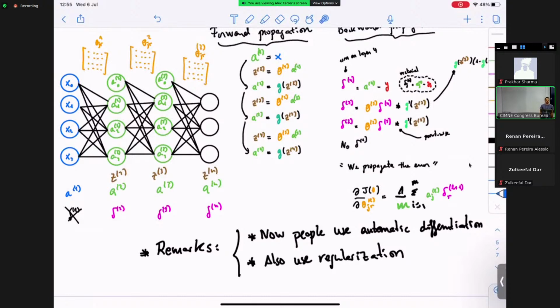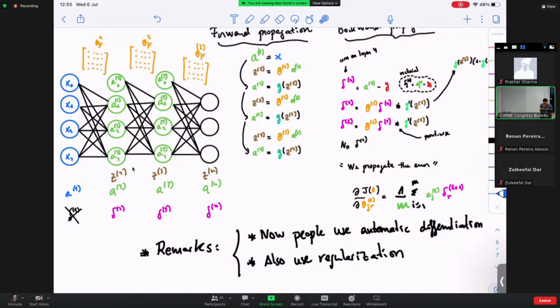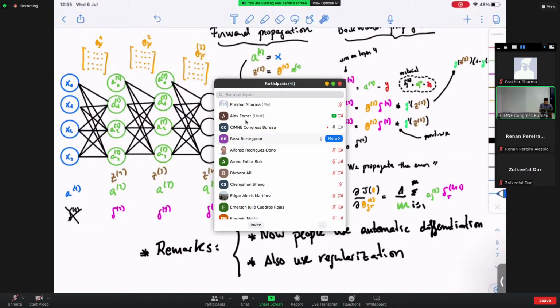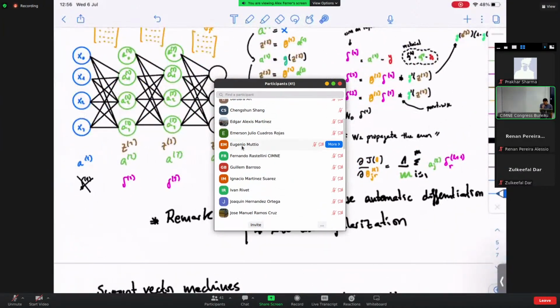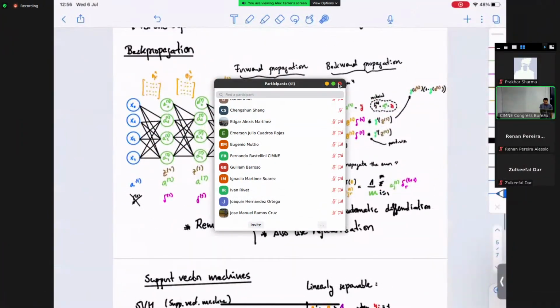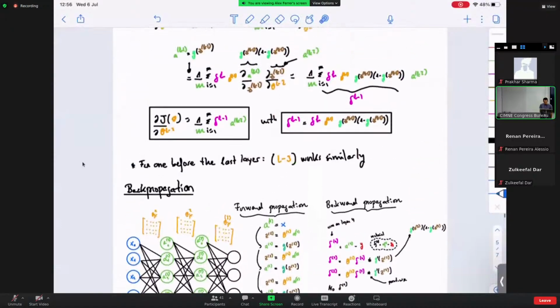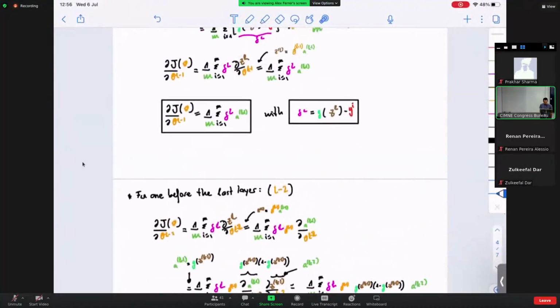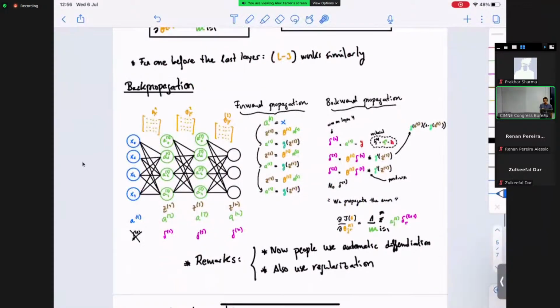As I was saying, we can use the L2 norm, but other possibilities are also possible. Just to conclude, this is neural networks for classification. Questions? If not, I want to pass to another topic of neural networks.